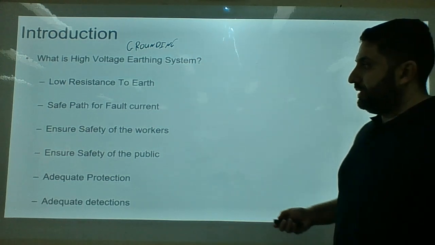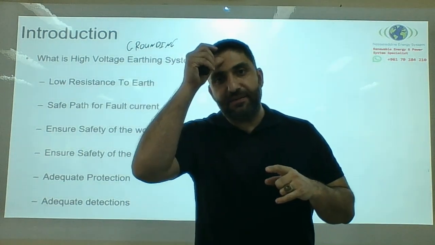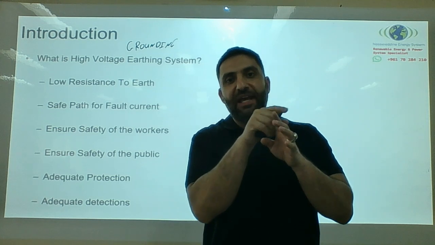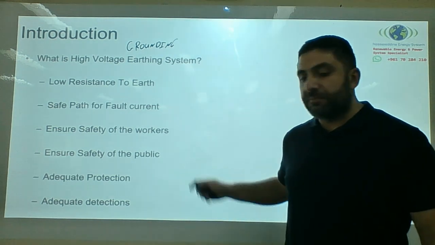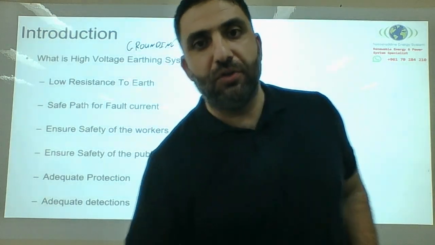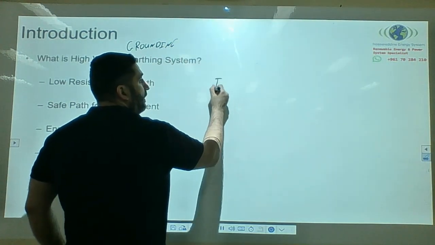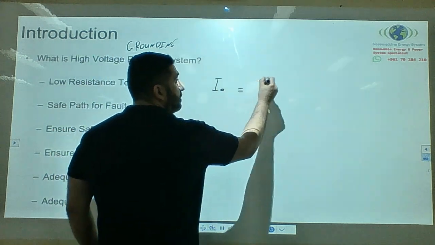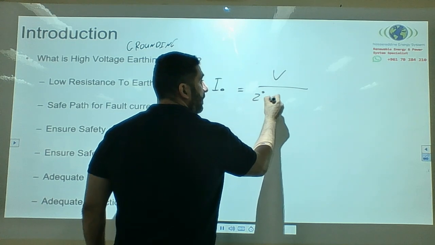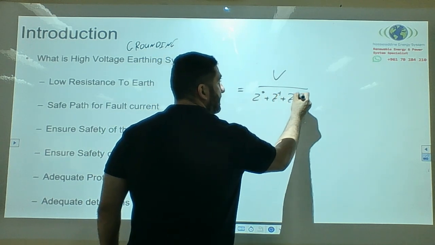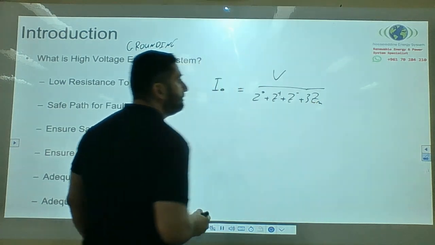Adequate detection. To detect a fault, the relay is set depending on the fault current magnitude. The fault current magnitude, let me write to you the sequence component. If I say I0, it is equal to the voltage divided by Z0 plus Z positive plus Z negative plus 3Zn.